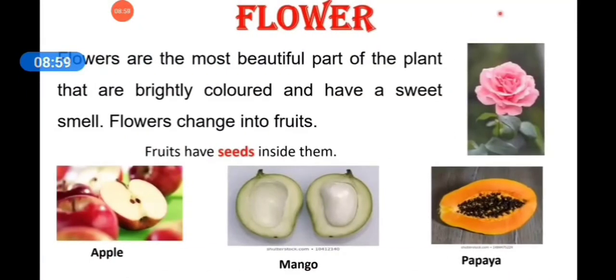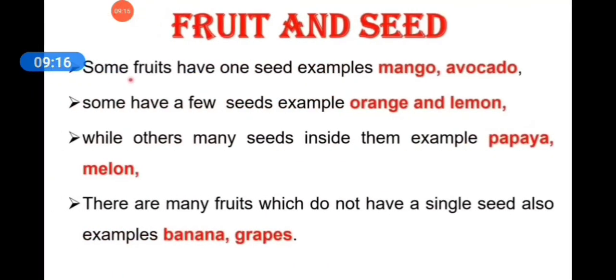Next, flower. Flowers are the most beautiful part of the plant. They are brightly colored and have a sweet smell. Flowers change into fruits. Fruit and seed. Some fruits have only one seed.